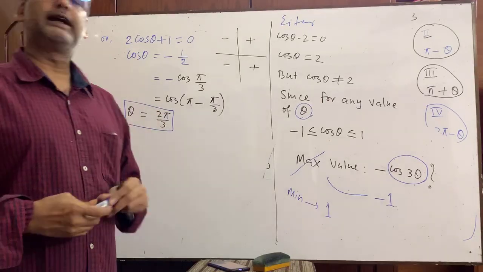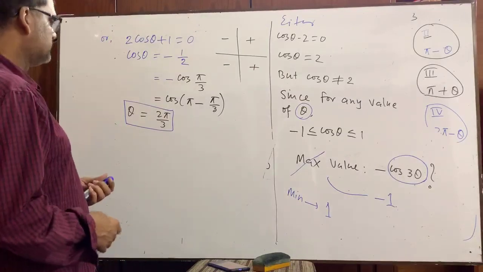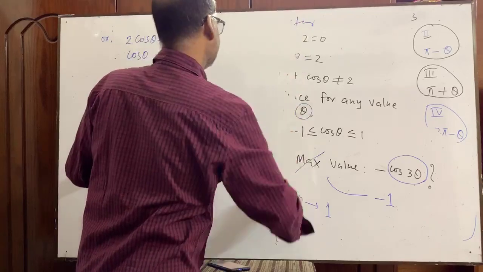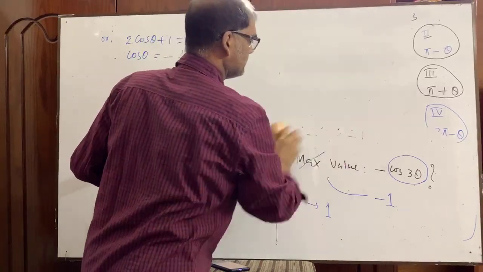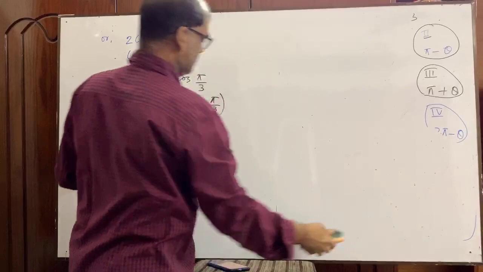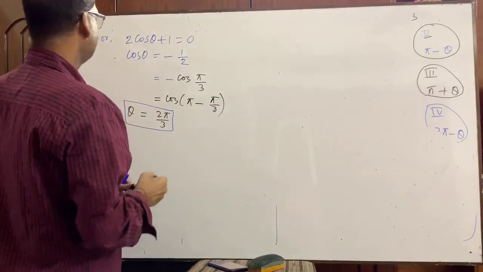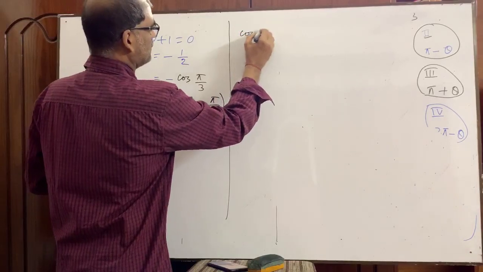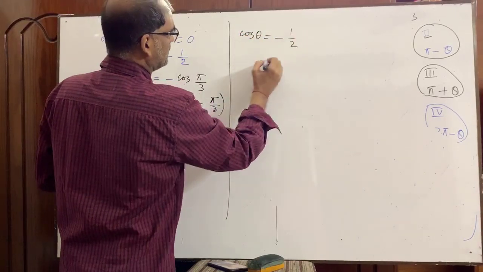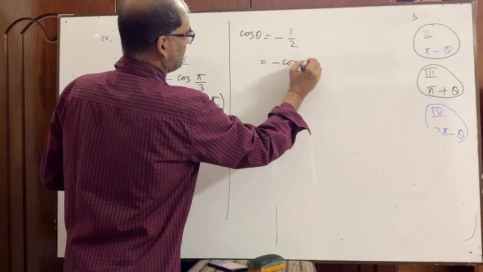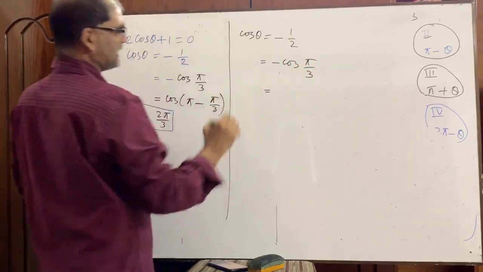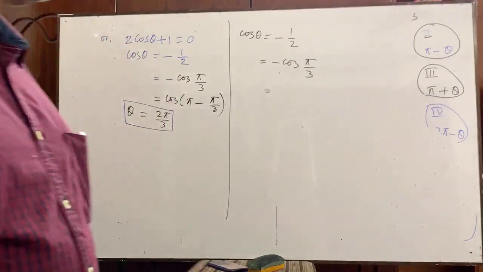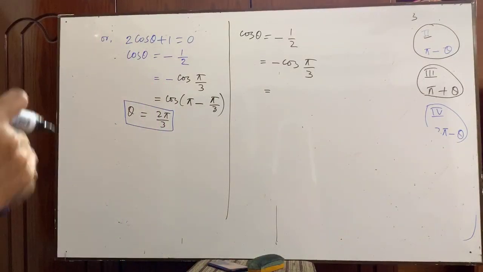So we have found the value of theta in the second quadrant. Now we have to go to third quadrant, where cos theta is again negative. In the third quadrant, again cos theta equals to minus half, minus cos pi by 3. What is the formula to find the value of theta in the third quadrant? Is that pi plus theta.